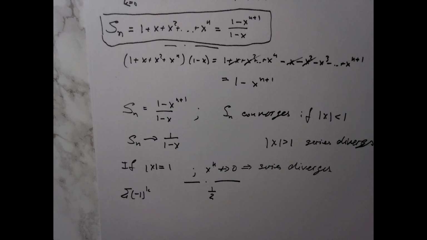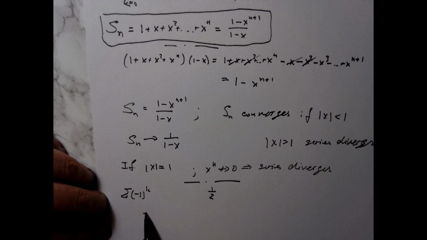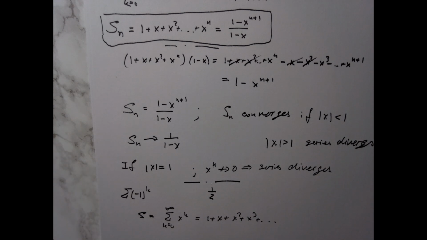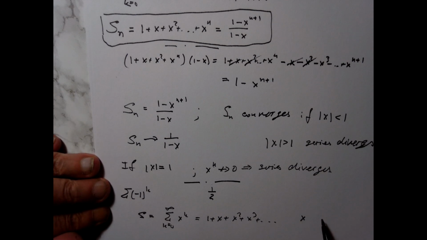So let's see. Let's suppose that I have the series S, which is equal to the sum of x to the power k, k from 0 to infinity. Again, this is 1 plus x squared plus x cubed plus etc. So this is an infinite series, and let's suppose that x is a little bit greater than minus 1.